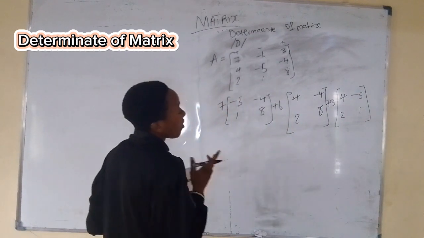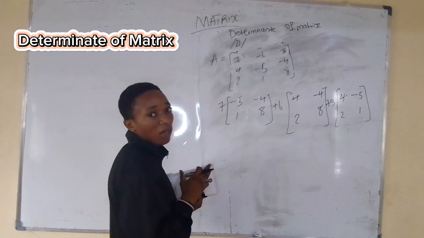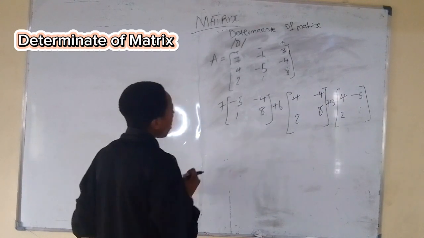So you see that from here you can find your major diagonal and your minor diagonal.